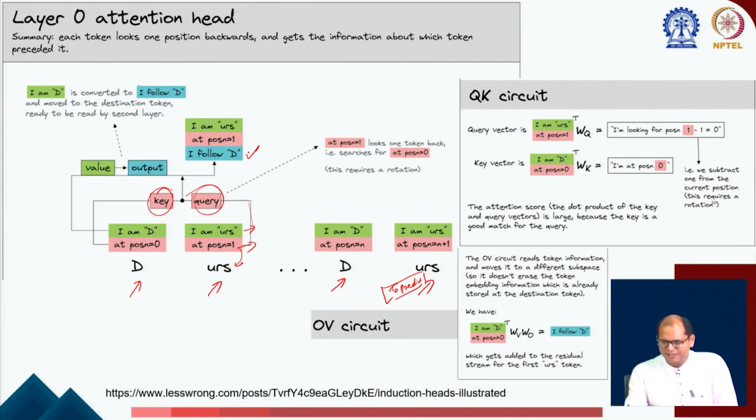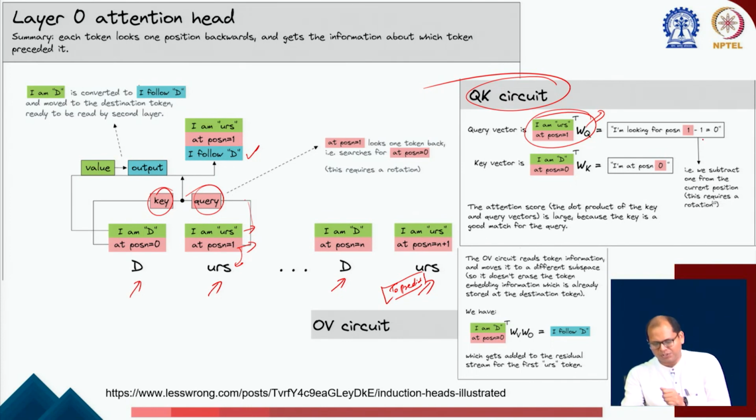At this point, the QK circuit is employed. Right now the query vector is I am Urs at position n plus 1, and this WQ matrix, in the 0th attention head, is saying: I am looking at just the previous position. I am at position 1, so I am looking at the previous position. How do I do that?